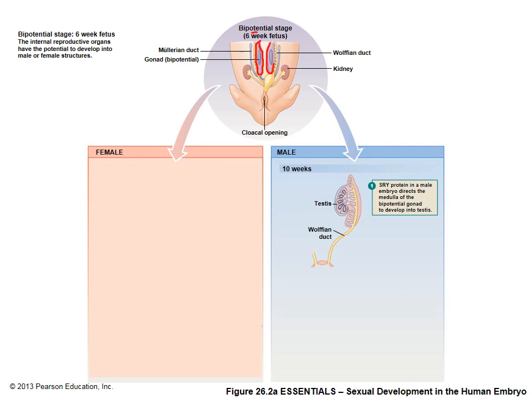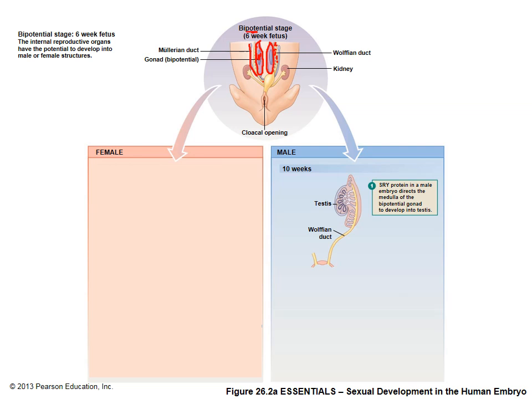The gonads consist of an outer layer, that pinkish layer which is the cortex, and the inner layer, that purple layer over here, which is the medulla. We can also see the bipotential ducts. We have the Müllerian ducts over here, these purplish ducts, and these yellow ducts are the Wolffian ducts.